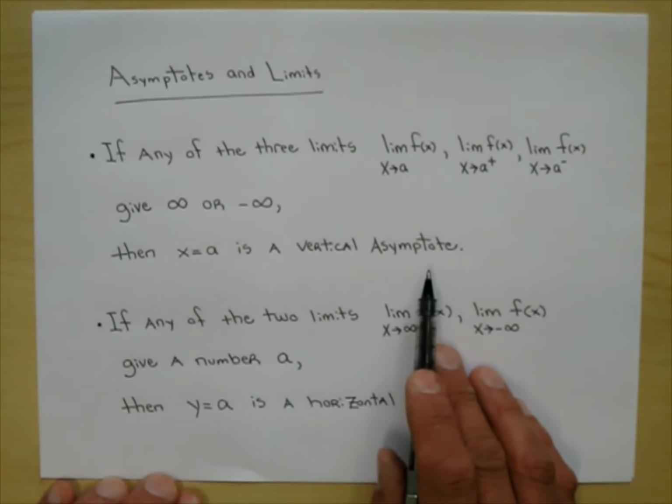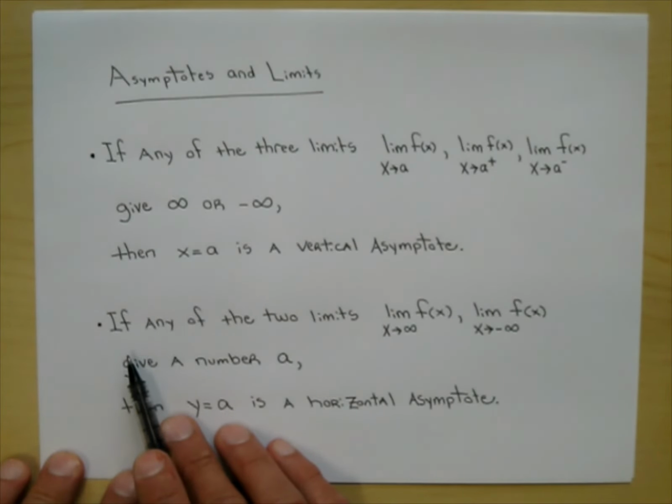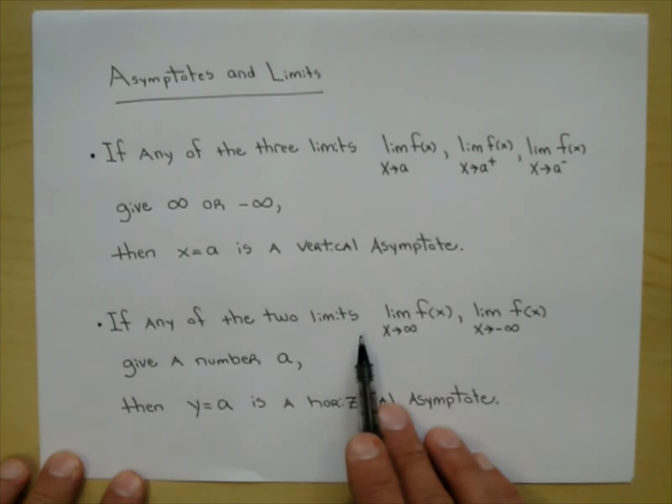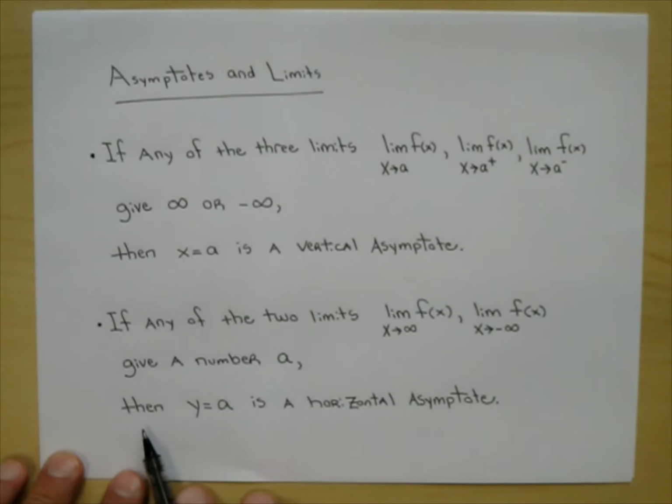And that was our infinite limit that we did in the last section. And we also did it at the beginning of this section. Now, if any of the two limits, and these are the limits at infinity, give a number a, then y equals a is a horizontal asymptote.